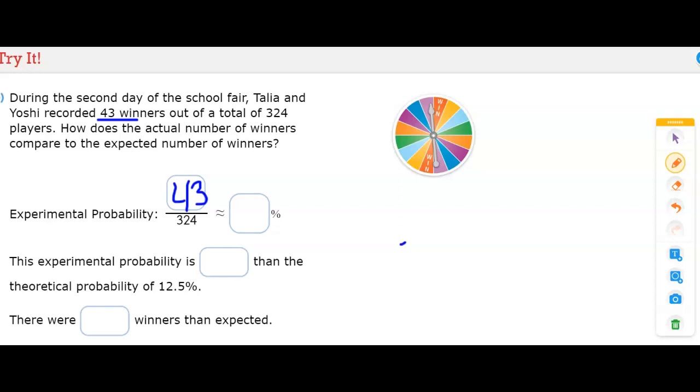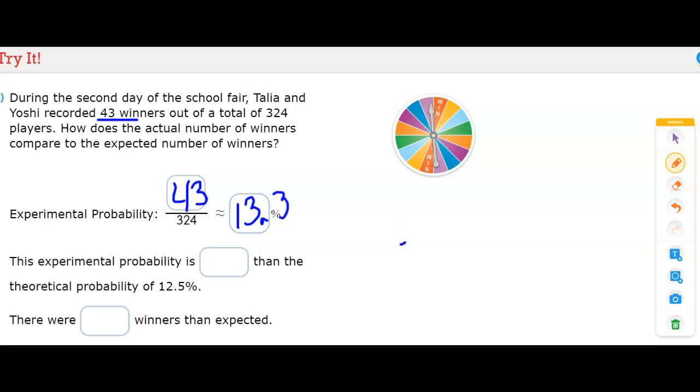If we finish the experimental, we do 43 divided by 324, and we get about 13, and they round it to the tenths place in the example, so I'm going to do the same.